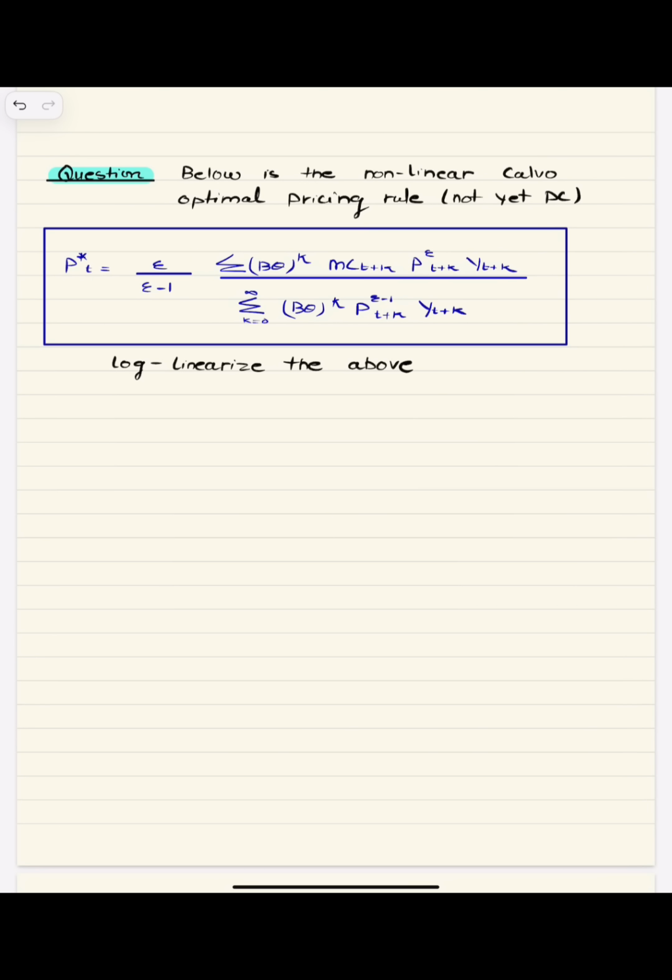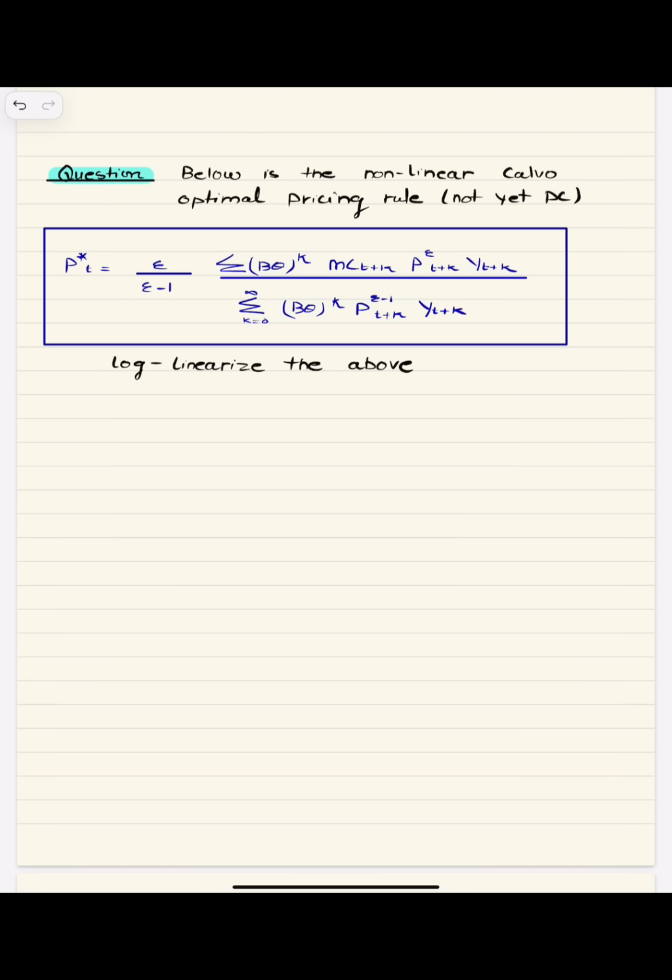Okay, now that you've taken your break: when we're deriving the Phillips curve, we're going to end up with this optimal pricing rule, which, as you can see, is non-linear. And we cannot use the optimal price as a function of a non-linear equation in our derivation, so we have to linearize this as well.